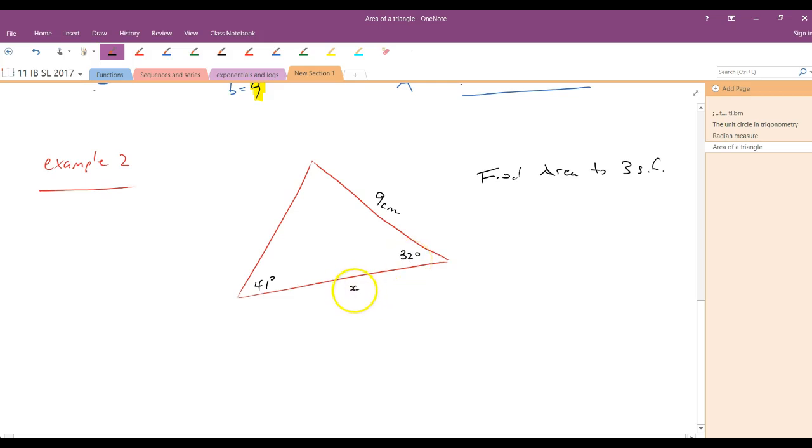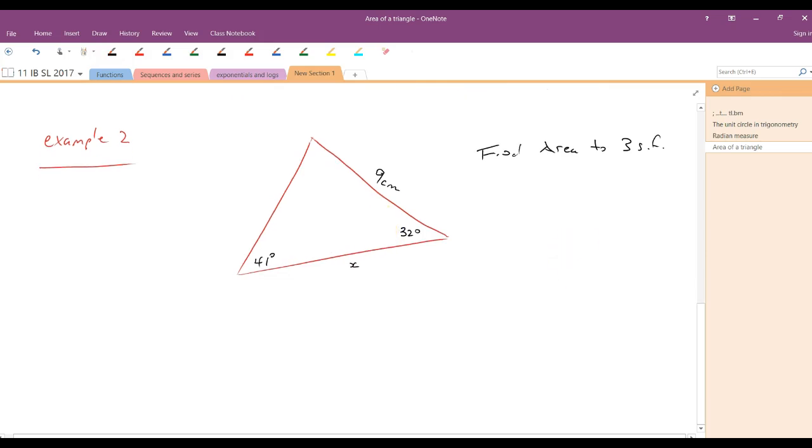Now how am I going to get x? Well, it's not right angled, so could I use the sine rule or the cosine rule to help me out here? So maybe I can use this angle here? Do I know this angle? Well, I think I do, don't I? If that one's 41 and this one's 32, I know the sum of any triangle is 180 degrees. So 73 gives me 107 degrees there.